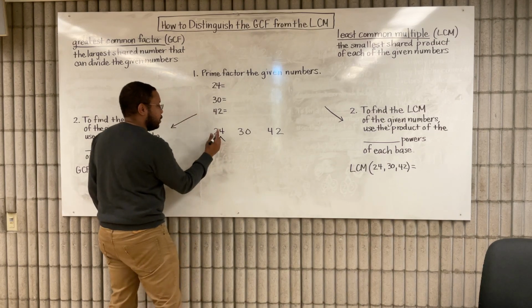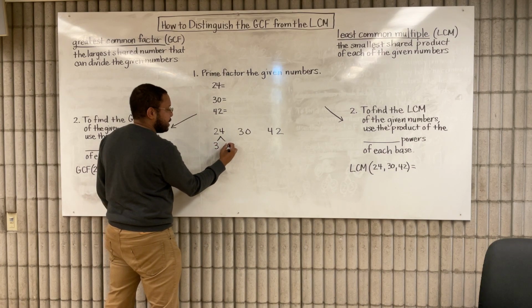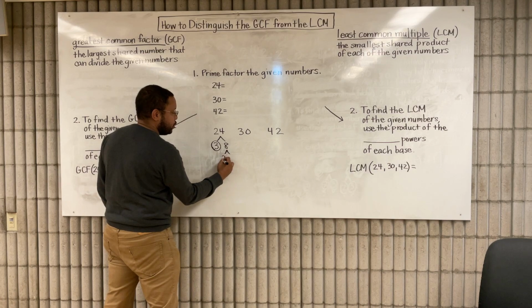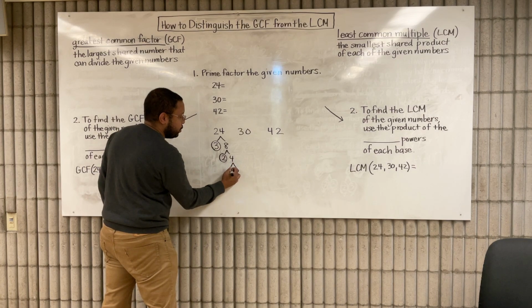So 24 is composite, so it breaks down to 3 times 8. 3 is prime, so I circle that. 8 is not. It's made of 2 times 4. 2 is prime. 4 is not, so I break that down into 2 times 2. And 2 is prime and 2 is prime.